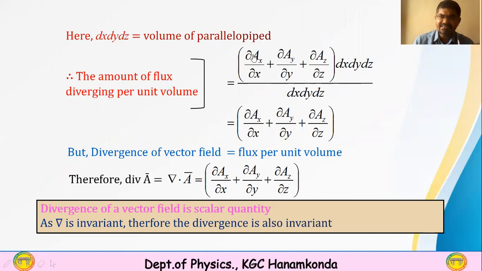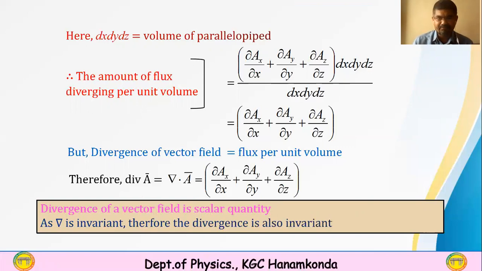The total flux is (∂Ax/∂x plus ∂Ay/∂y plus ∂Az/∂z) dx dy dz, dividing by the volume element dx dy dz. Here dx dy dz cancels. The remaining quantity is ∂Ax/∂x plus ∂Ay/∂y plus ∂Az/∂z. This is the amount of flux per unit volume diverging from the rectangular parallelepiped element.